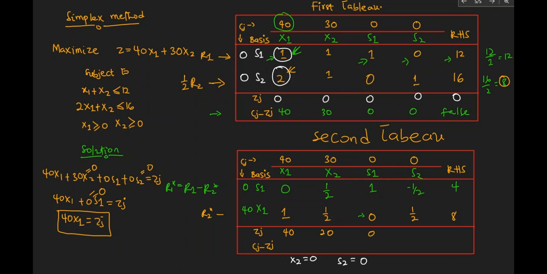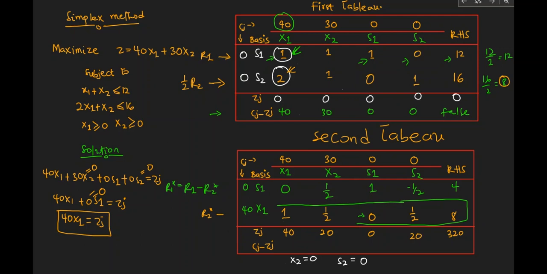Then 40 times half, which gives us 20 again. Then 40 times 8, which gives us 320. So these are our x1 values for this computation, and we use that to get our zj values, which we've already done.